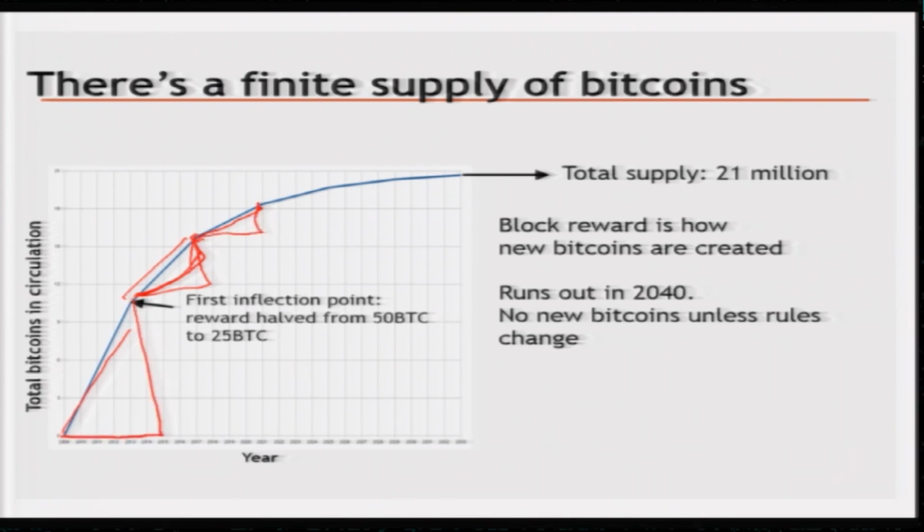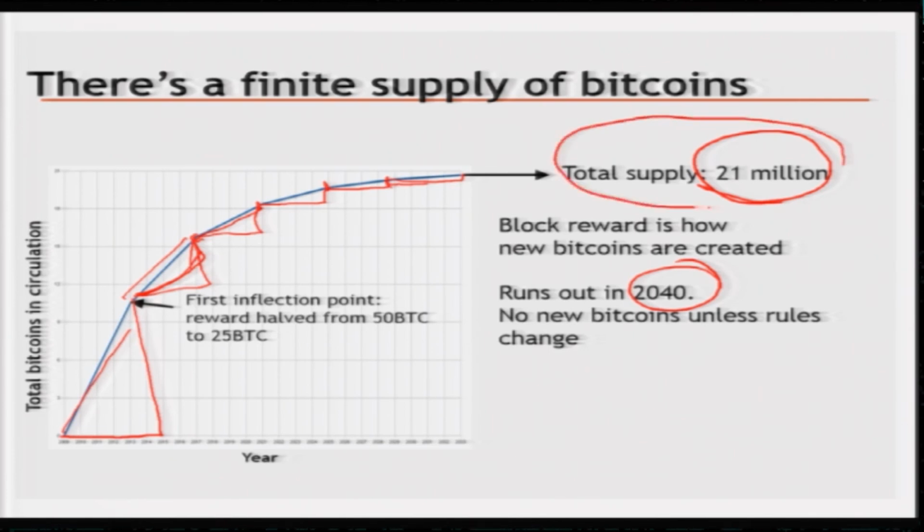Then it will become 3.125 or something, and so on. Eventually it will taper out around 2040. By then the total number of bitcoins will become 21 million, and beyond that no more bitcoins will be created unless the rules change.